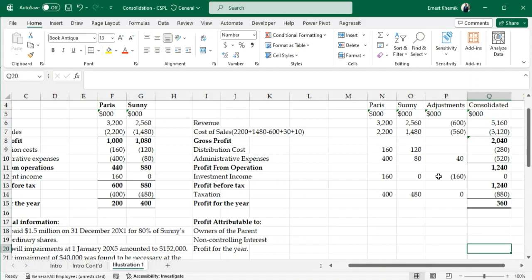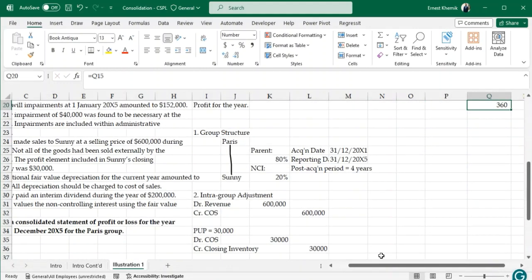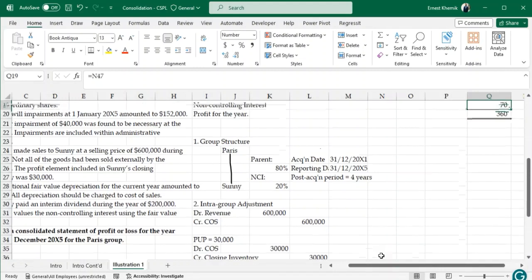We have our profit for the year 360 here, or if I like, I can refer to this particular profit here as the total right there, and then I can still put my borders there. Then how much is the non-controlling? Let's get that. This is 70,000. So I'll have my 70,000 there, and then the difference.